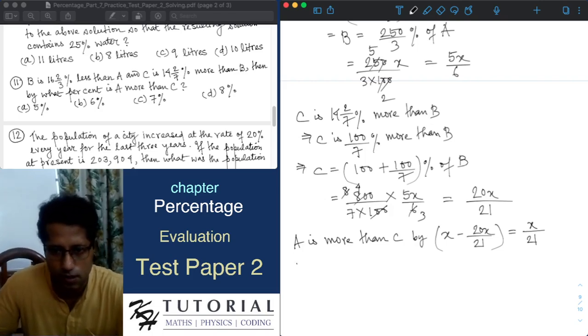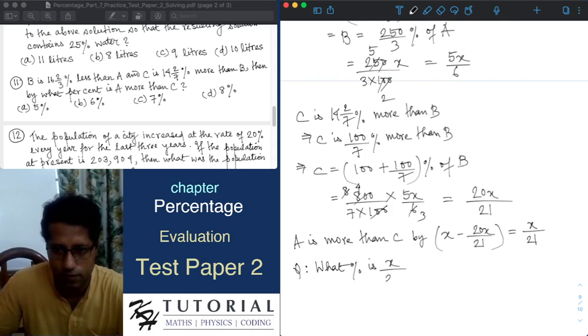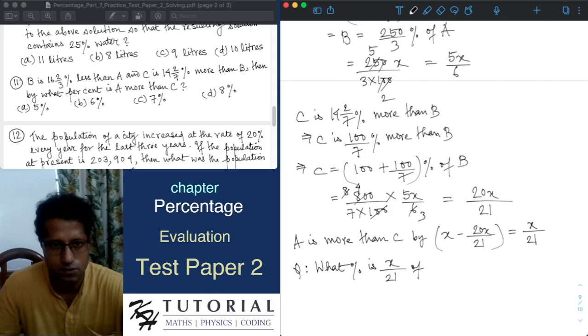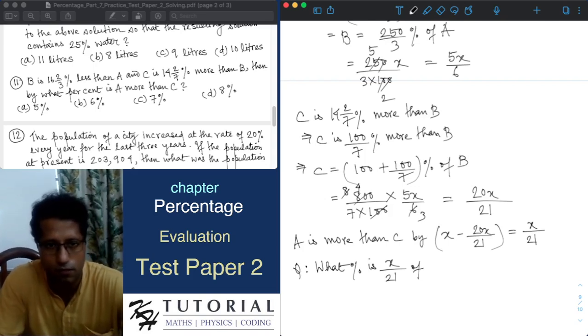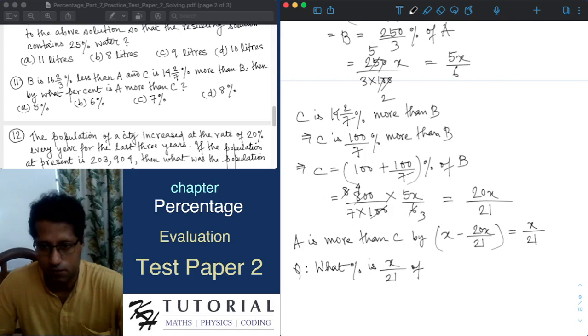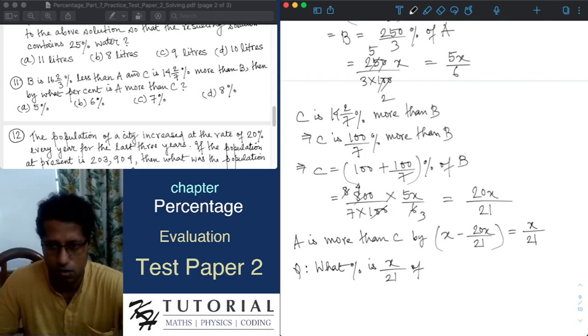Now we have to ask what percent x by 21 is of C. It is asking by what percent A is more than C, which means the percentage of the difference of A and C based on C. So what percent is x by 21 of C, and C is 20x by 21.